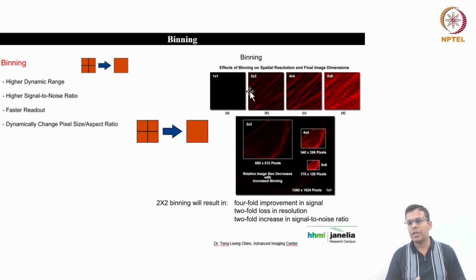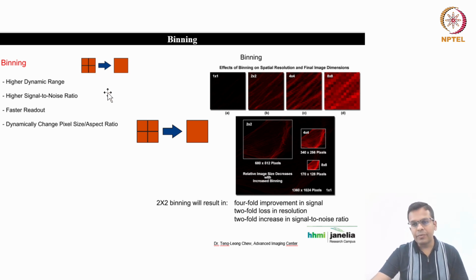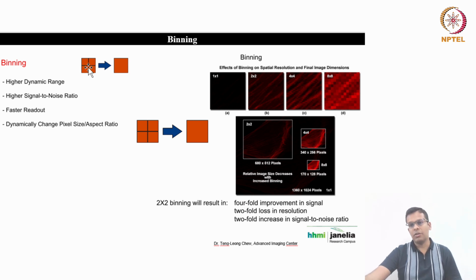So your computer cannot differentiate. Let's say in this image, these 2 pixels had 5 electrons and these 2 pixels had no electrons, but it will represent them as 10 electrons. That's why you are losing the resolution.